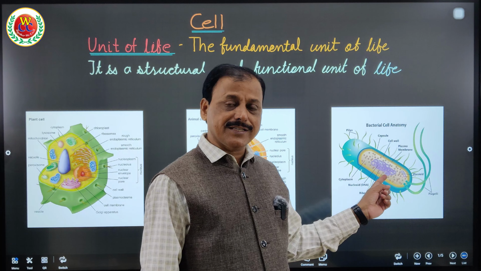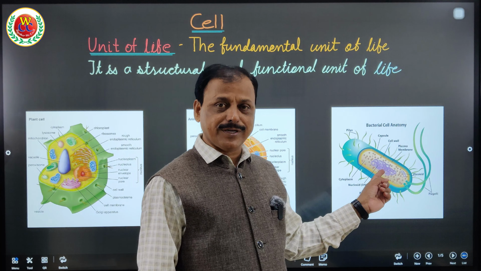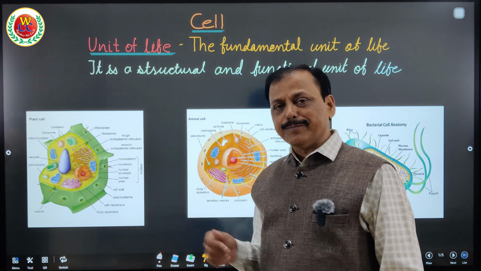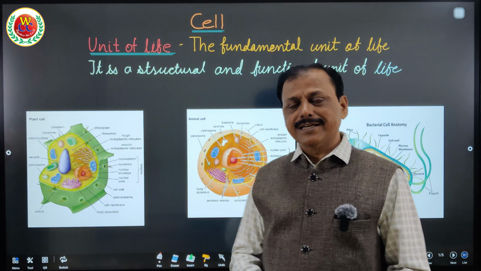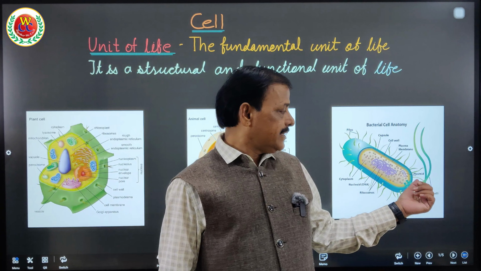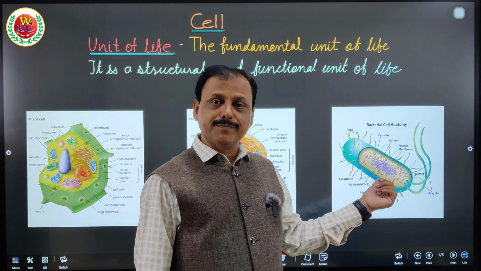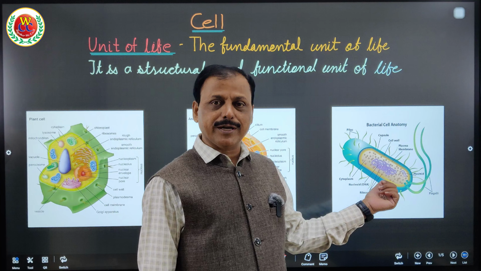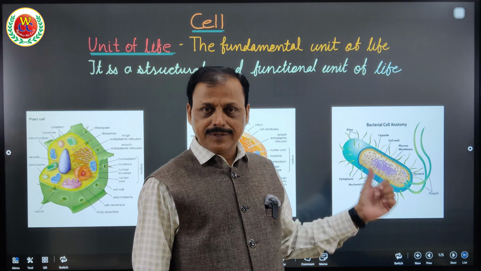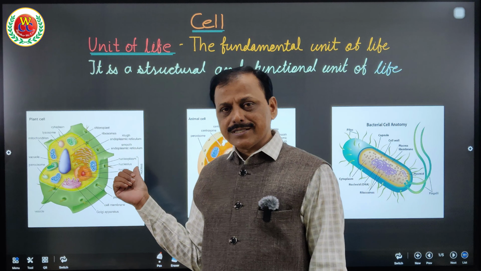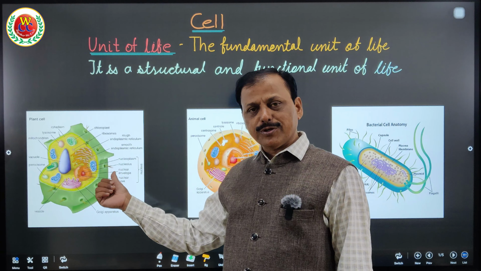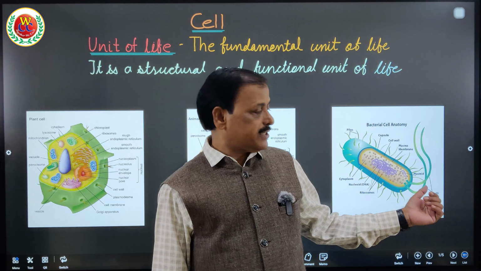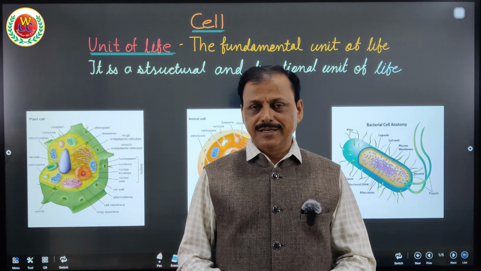Here it is with nuclear membrane, and these cells have cell organelles, while prokaryotic cells lack major cell organelles, although ribosome is present in both. But other organelles like endoplasmic reticulum, Golgi body, lysosome, mitochondria and chloroplast are not present in the prokaryotic cell.